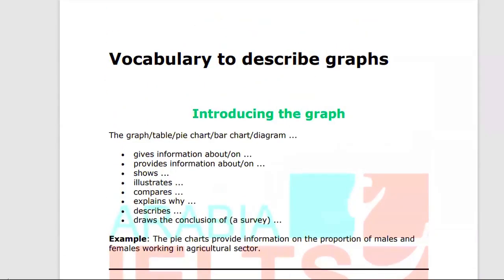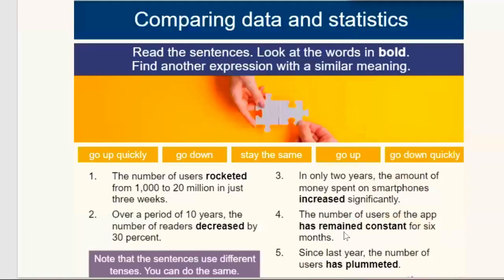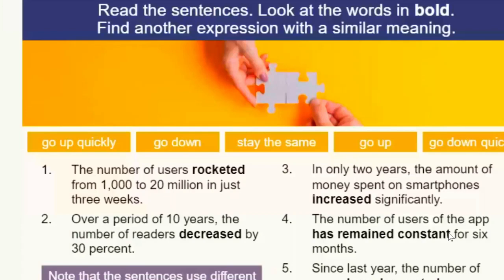Okay, now let's go back to the exercise. We have 1, 2, 3, 4, 5 expressions. So go up quickly, go down, stay the same, go up, go down quickly.